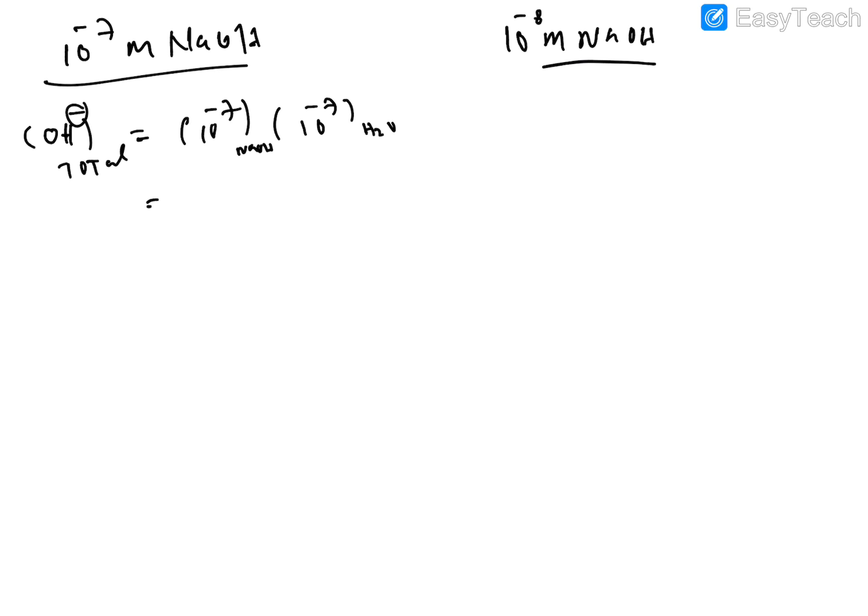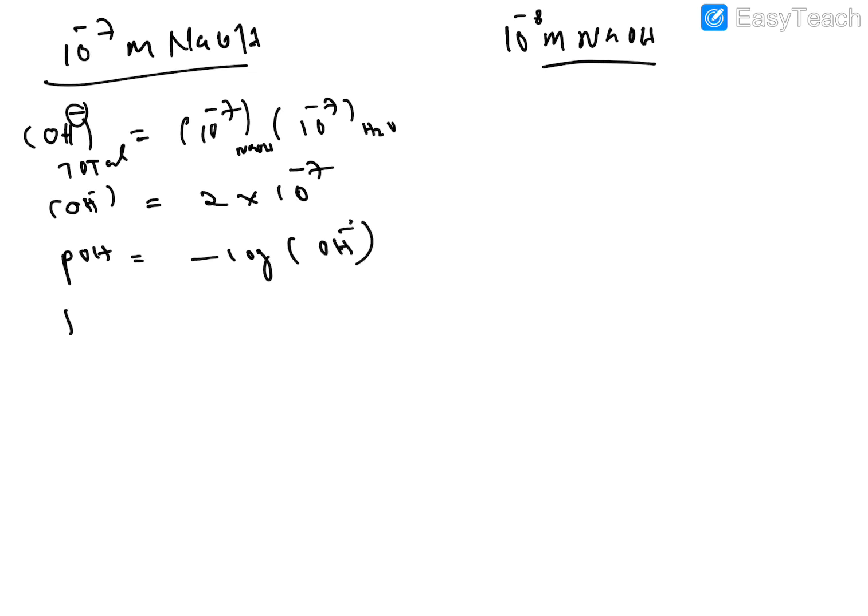Both, what is the total concentration here? 2 into 10 to the power of minus 7. So this is the OH minus concentration. Okay, so what is the pOH formula? The pOH is equal to negative logarithm of the OH minus concentration.